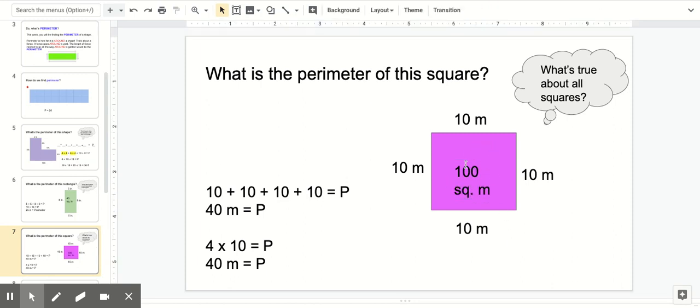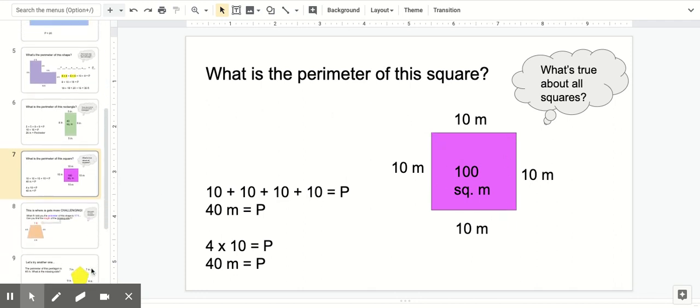Our area is 100 square meters, but our perimeter is 40. So these are very different numbers telling us very different things. The area tells us the amount of space on the inside that we would color. The perimeter tells us the outline. How far is it to go all the way around that shape?